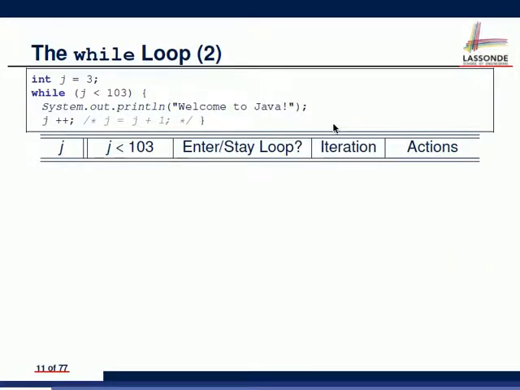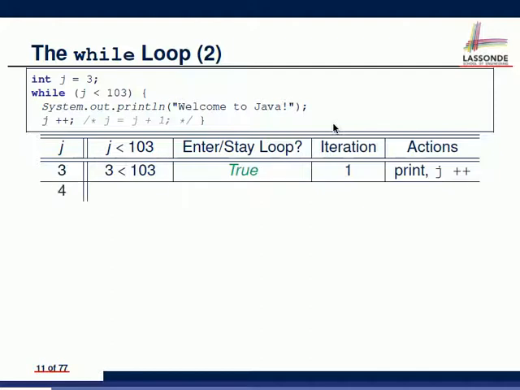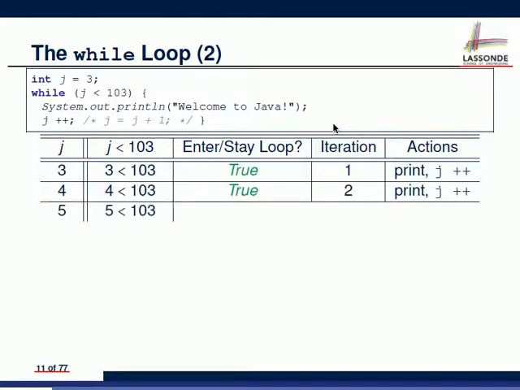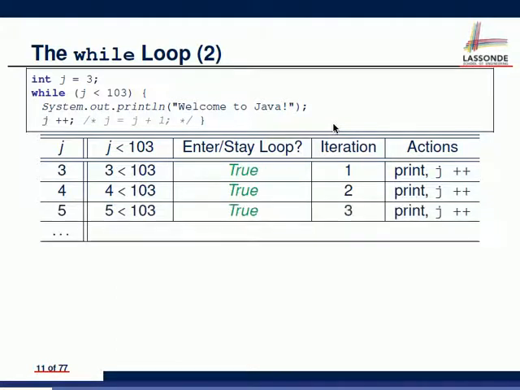Okay, so now you will see that exactly we're going to go 3, and then it's going to be true, stay in the loop. And then 4, also true, stay in the loop. 5, also true, stay in the loop. All the way to, what would be the last value that's going to make it true? 102, right? Okay, good. It's going to be 102 to make it true, and then that'll be iteration 100.